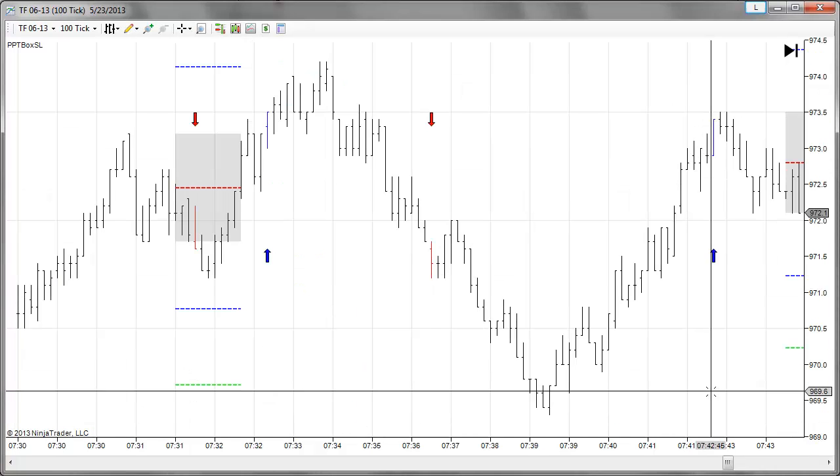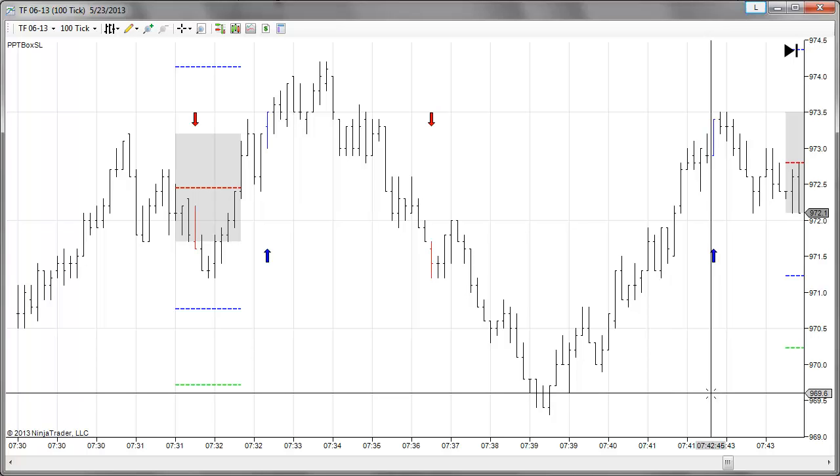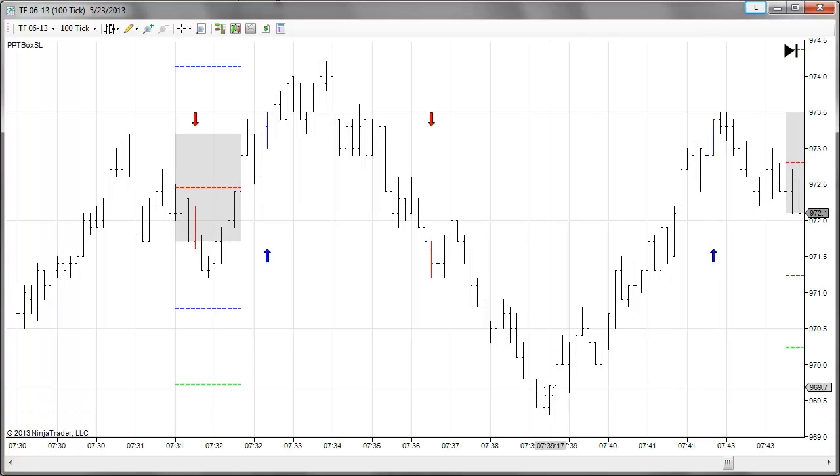Okay, so when I trade the Russell, I prefer a 100 tick chart. Why? Just because. Everyone's going to be different. You might like a different chart better. This gives a pretty high win ratio. I trade the ES more than I trade the Russell, but I like this chart. It's very fluid.